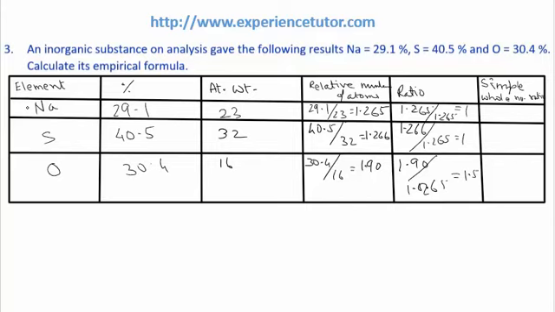We can fill the simple whole number ratio as 2, 2 and 3. Therefore, the empirical formula is equal to Na2S2O3.